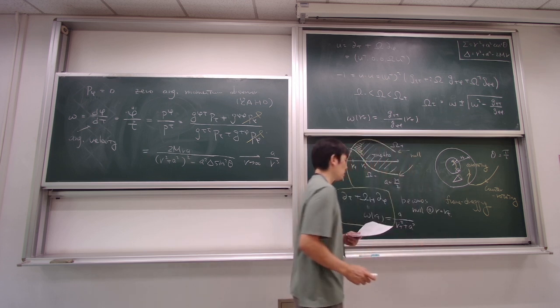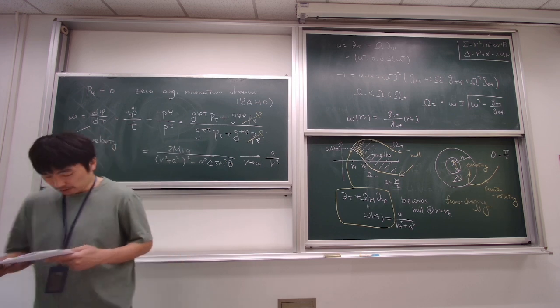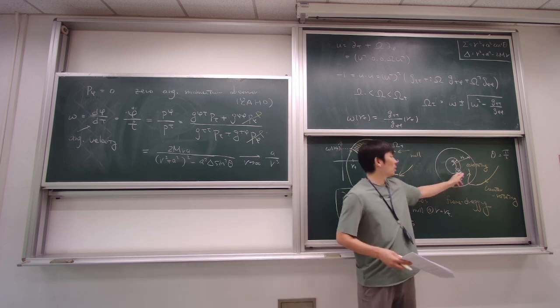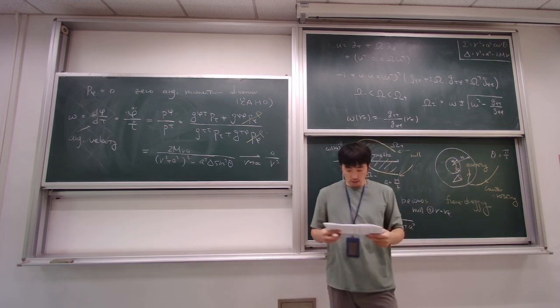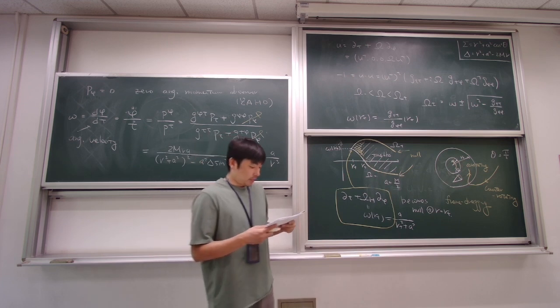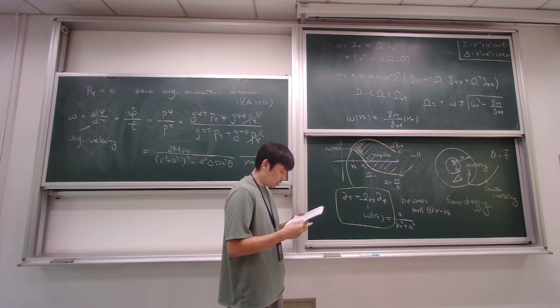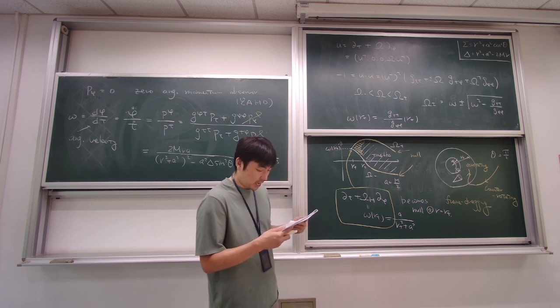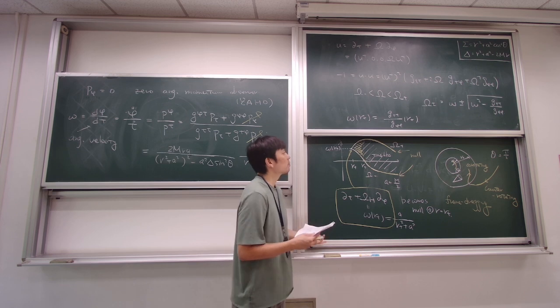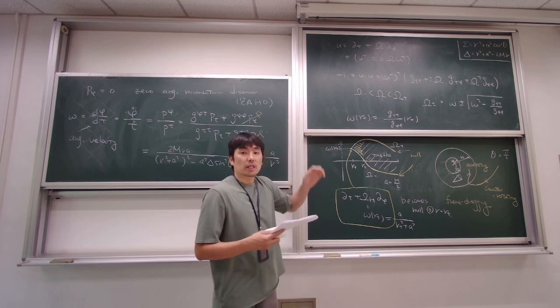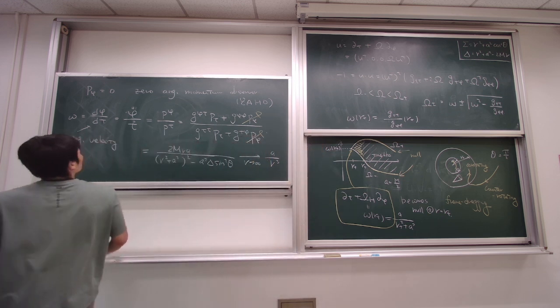Okay, so that's the angular velocity at this point, the outer horizon. Fine. So that's a little bit of a recap of last time, and also a slightly enhanced explanation. Any question at this moment? It's okay.